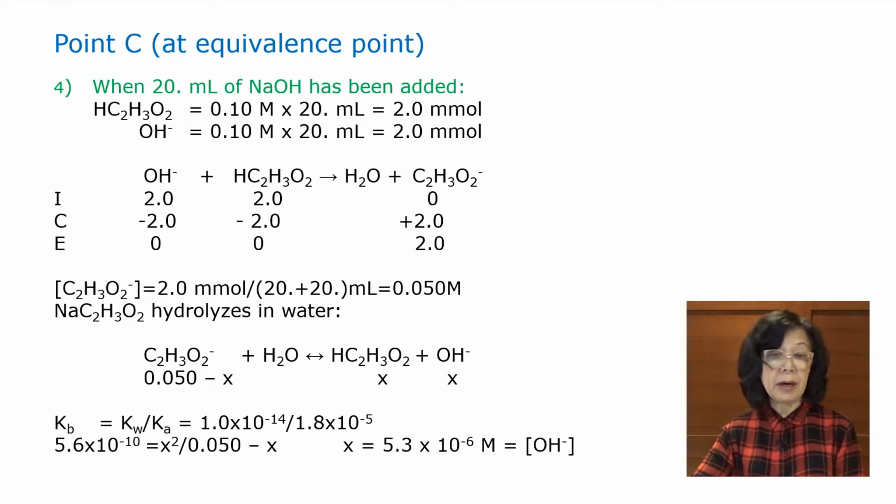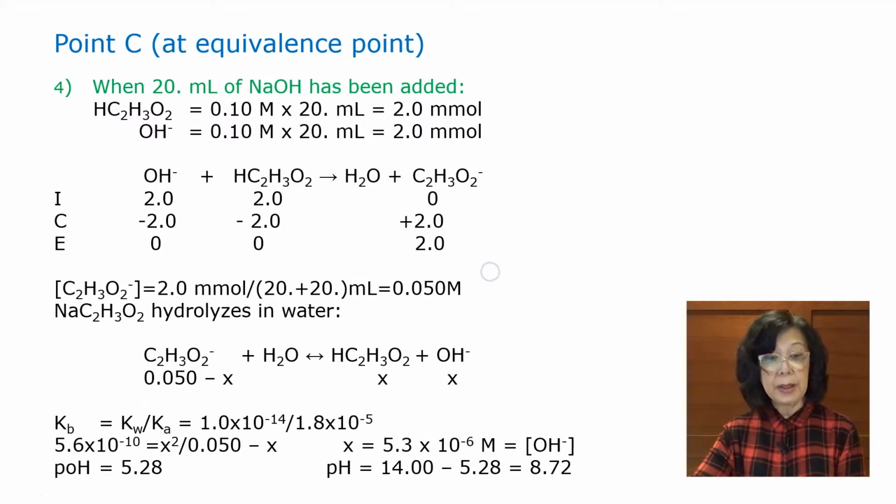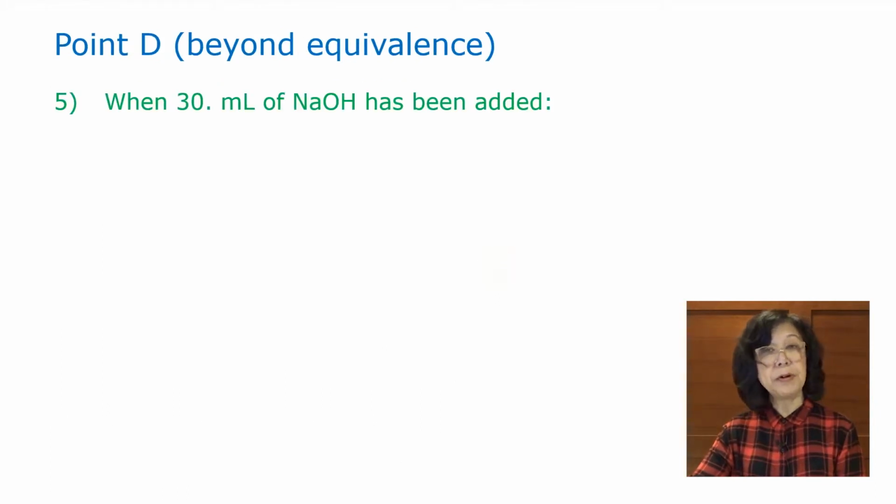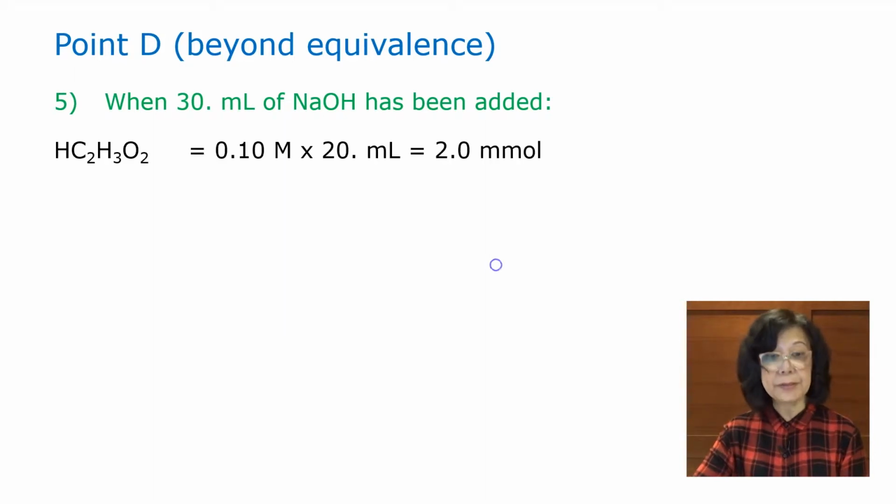So we set it up now and solve for x, which is 5.3 times 10 to the minus 6 molar for the hydroxide ion. And therefore pOH is 5.28 and pH is 8.72. Notice that at the equivalence point, pH is no longer 7. It's slightly basic.